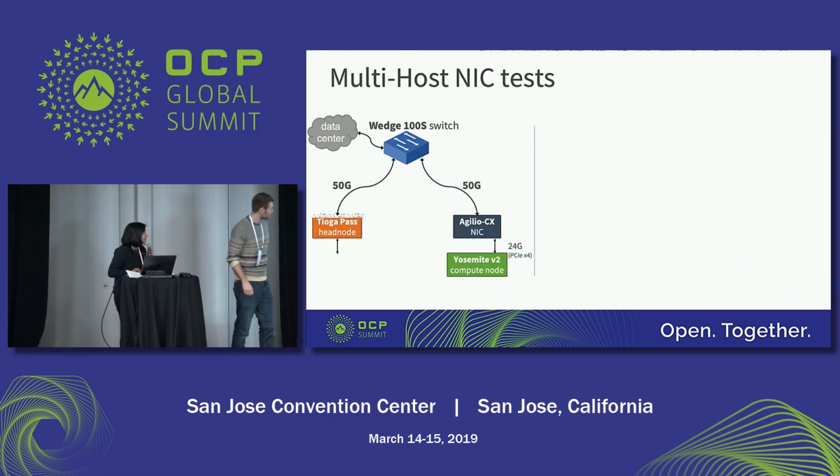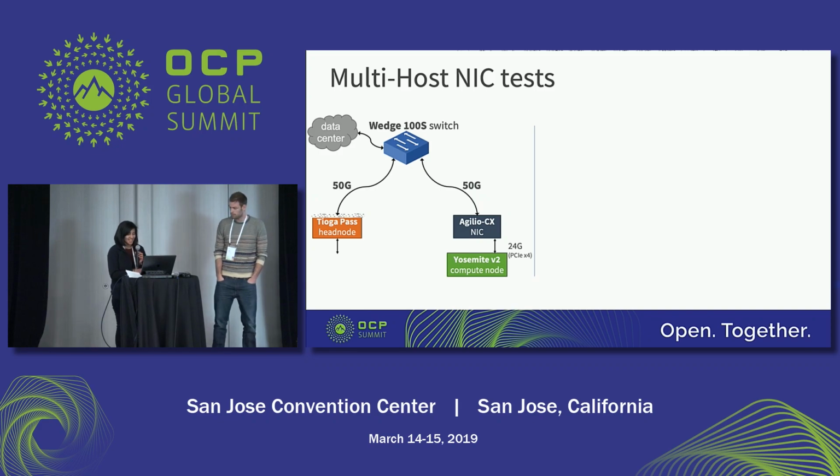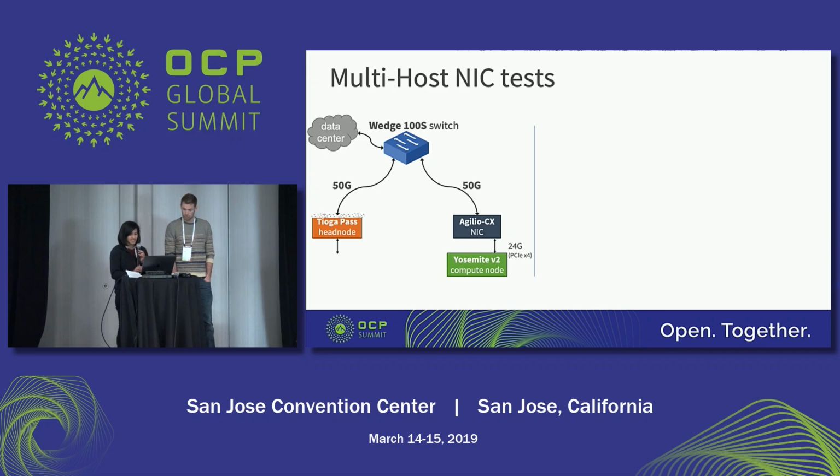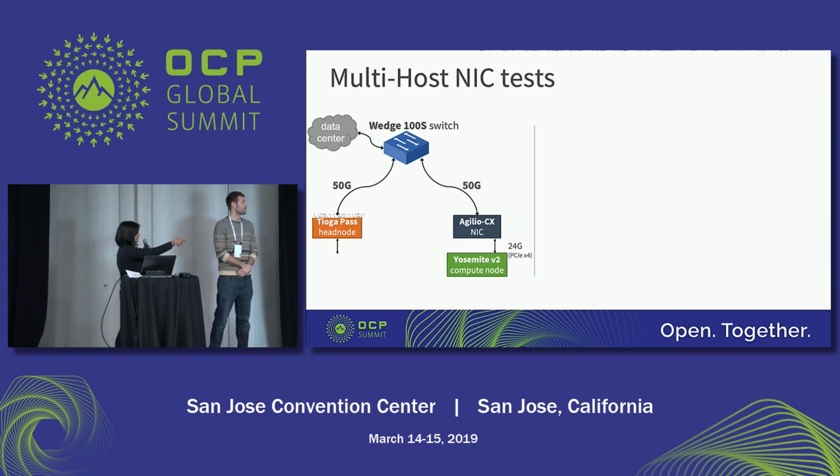Similar to the single host test that Nick talked about, we ran a multi-host test where the interactions between the Tioga Pass head node, and below that the storage node and the compute node, were DCTCP, and then external traffic from the rest of the data center was cubic.